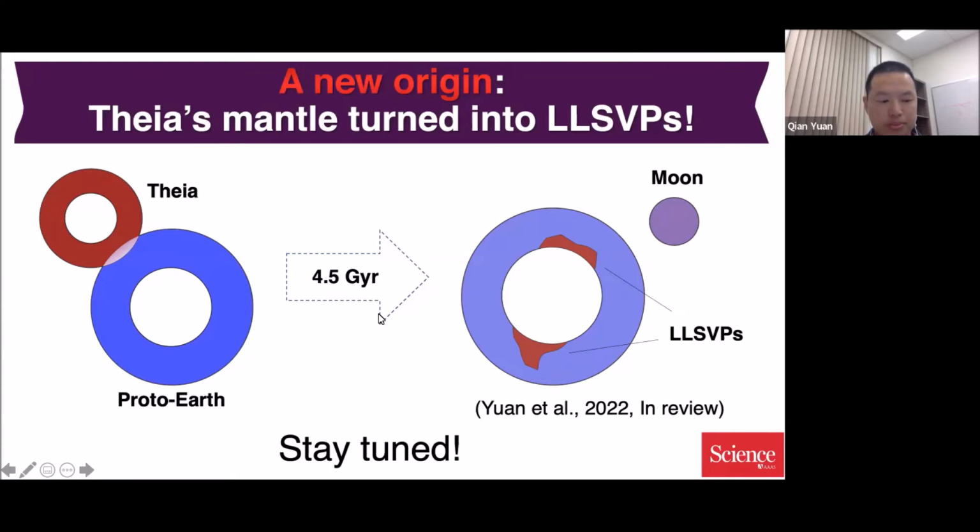I gave a presentation at LPSC, the Lunar and Planetary Science Conference, two years ago. The paper is still in review, so please stay tuned. I hope I have another chance to present this work later.